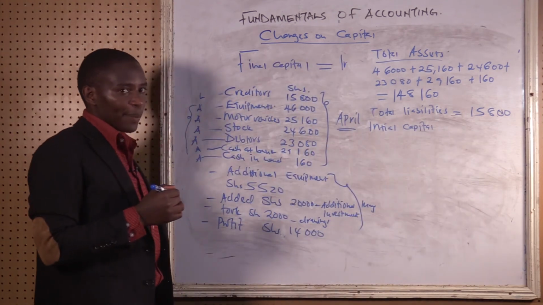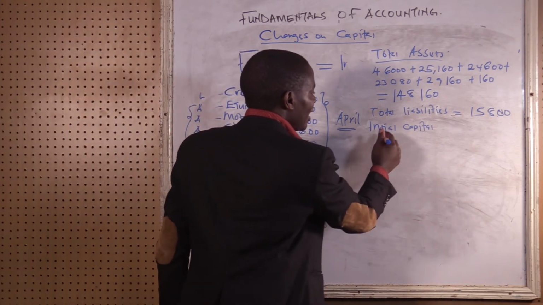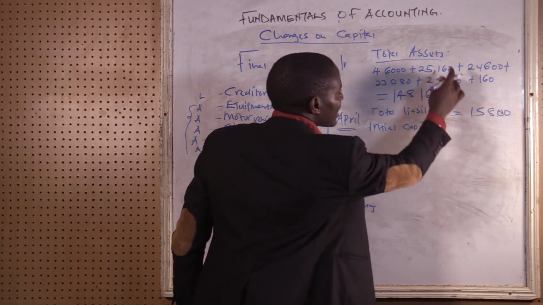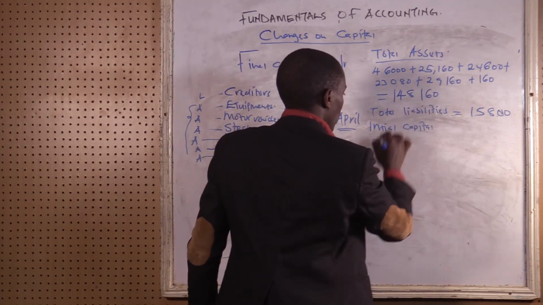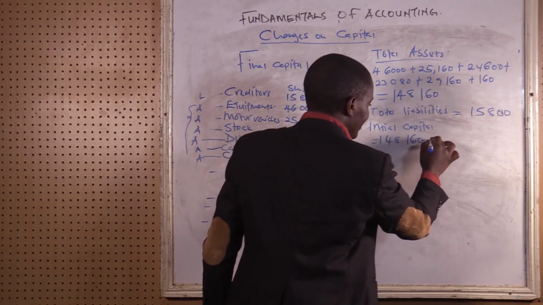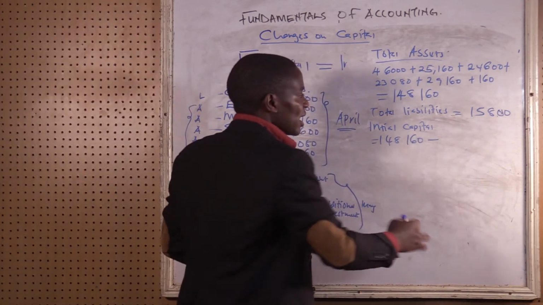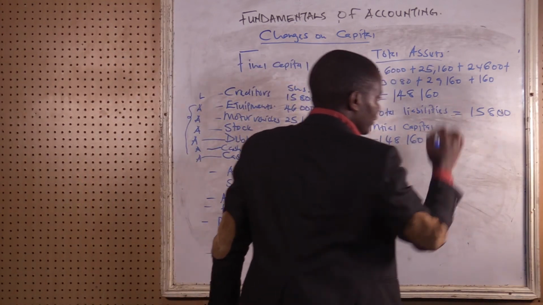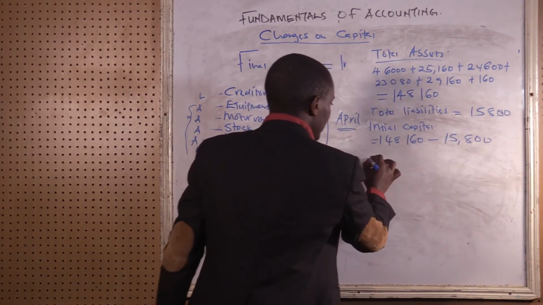The initial capital is the total assets, 148,160, minus the total liabilities, 15,800.